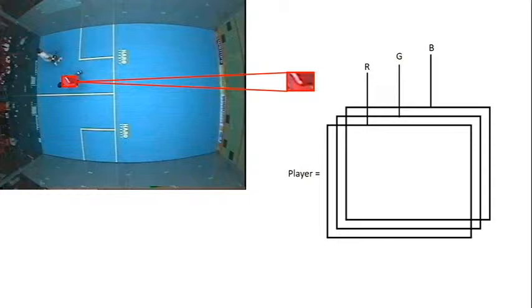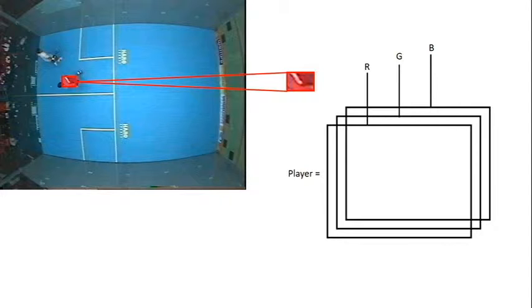The pixels that are in this selection are then saved to a 3D matrix called player, and this matrix consists of RGB values of the pixels that were selected. This matrix will also stay the same throughout the whole video because we will be using it in calculations when searching for the player.